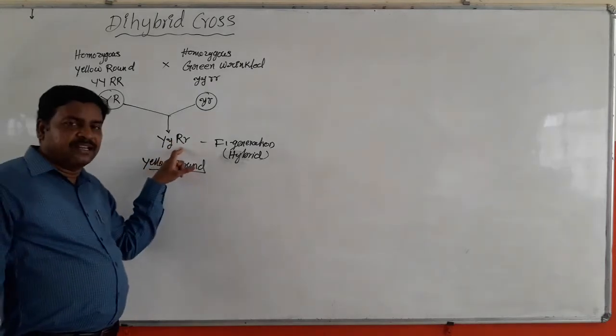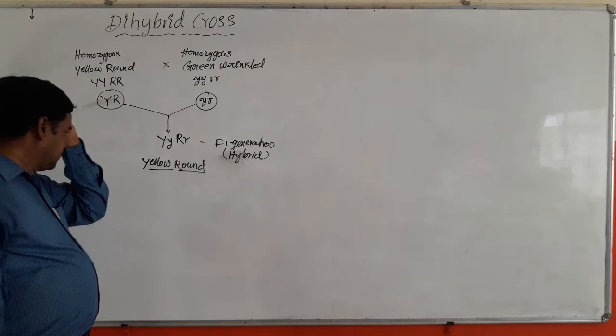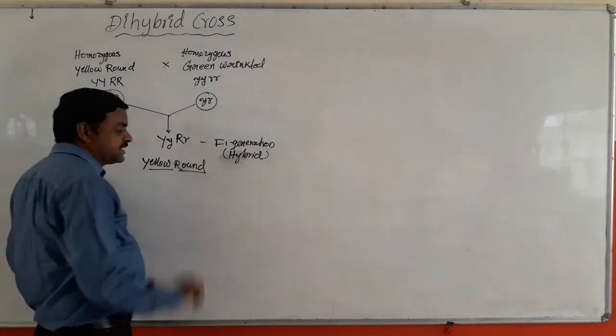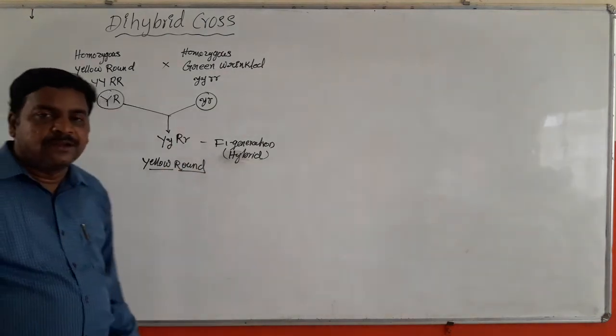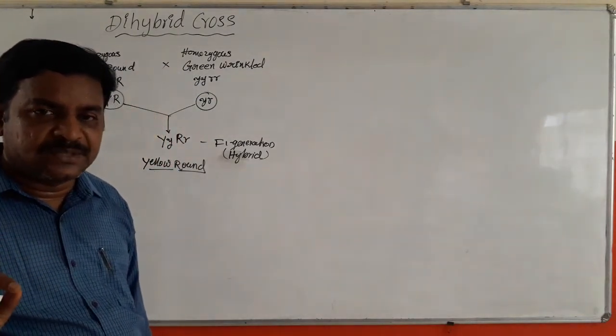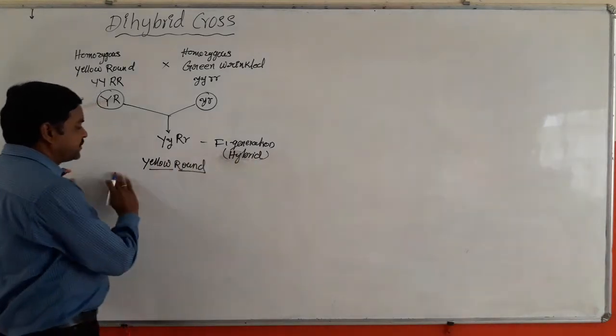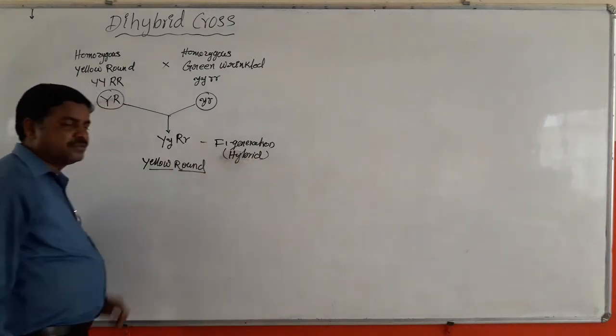Similarly, in this pair of alleles, capital R dominates over small r, so that round shape is expressed. So the dominant phenotype, yellow round, is expressed in the F1 generation. All F1 plants are yellow round.